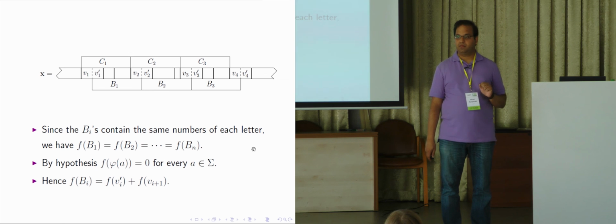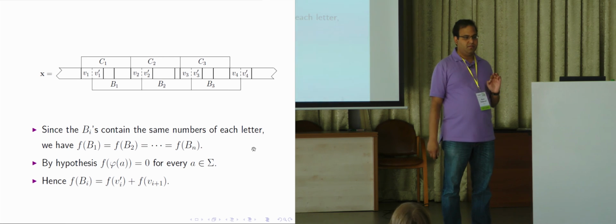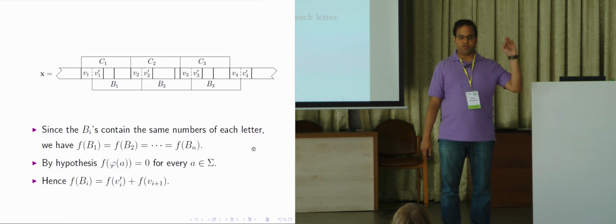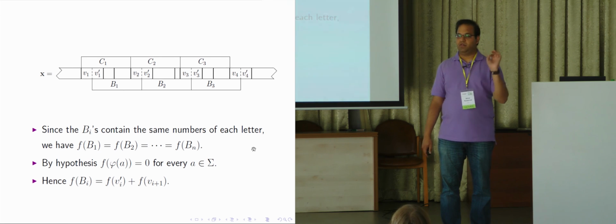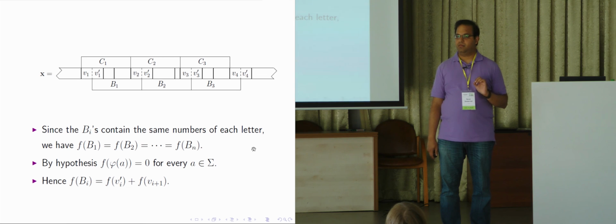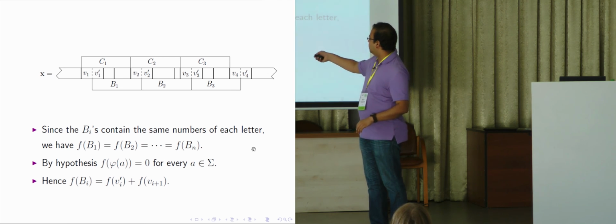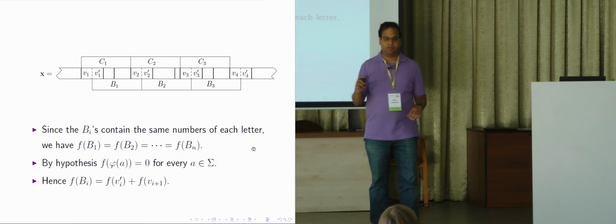Right? But that means the weights of the blocks must be identical. Right? Because the weight of a block is just the sum of the weights of the letters, and we have the same number of letters of each kind in every block. So the weights of the blocks are all the same. I mean, the weights of these B's are all the same. Right?